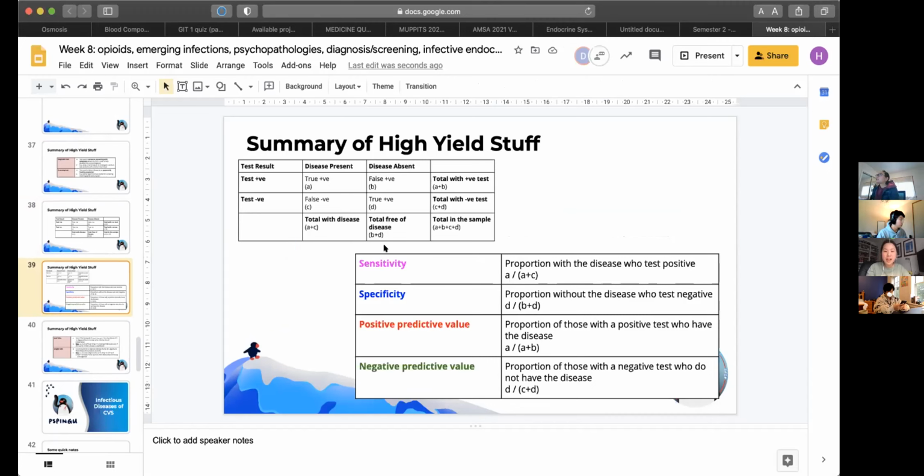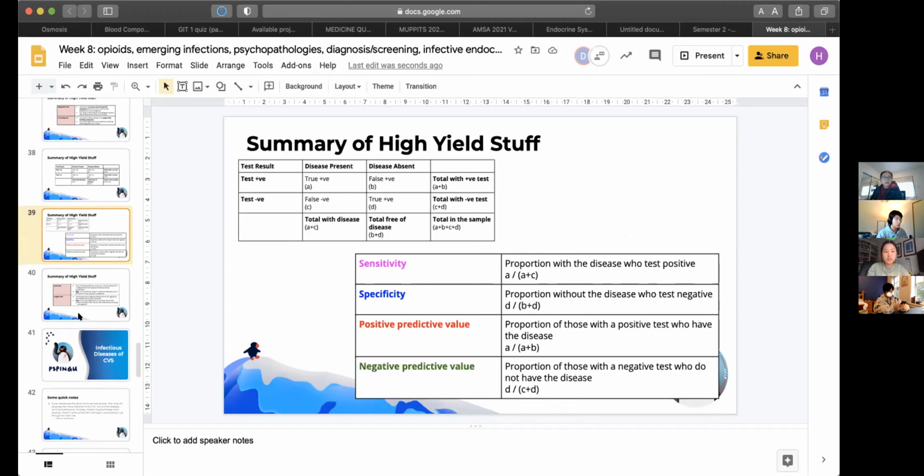Then you'll be asked to calculate sensitivity, specificity, PPV, and NPV. The definitions are all there. This is sort of a memory thing, unfortunately. But definitely high yield on the exam. We can 100% guarantee it.